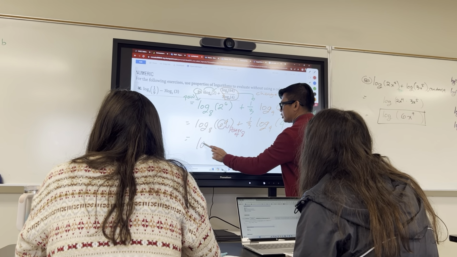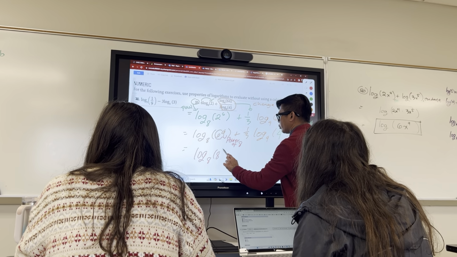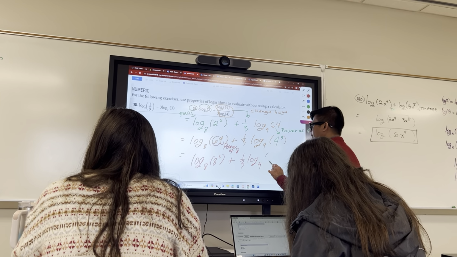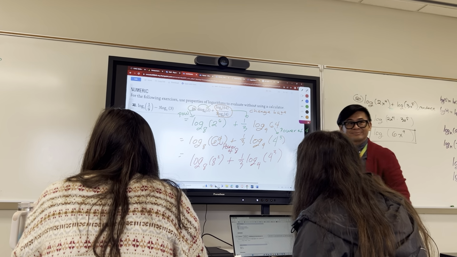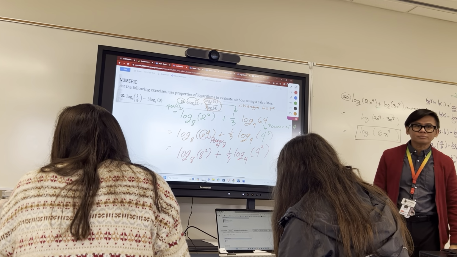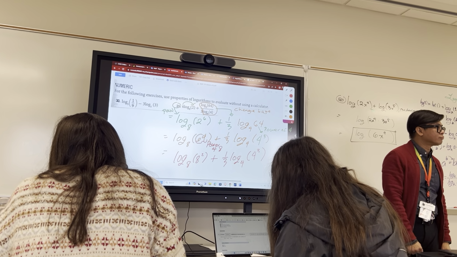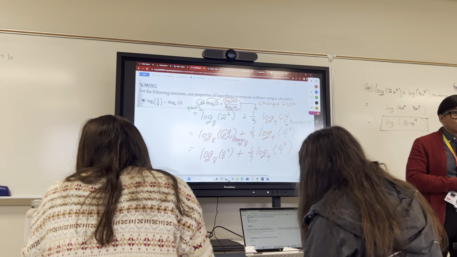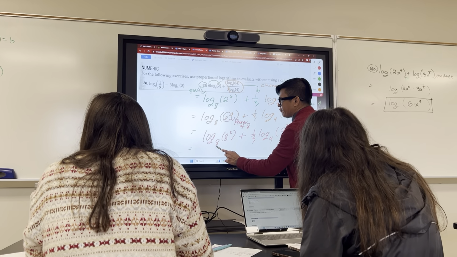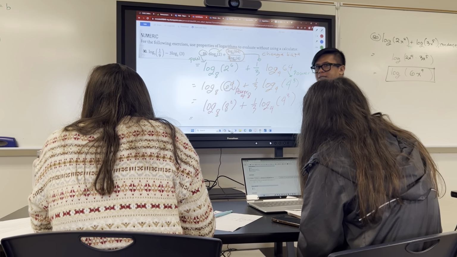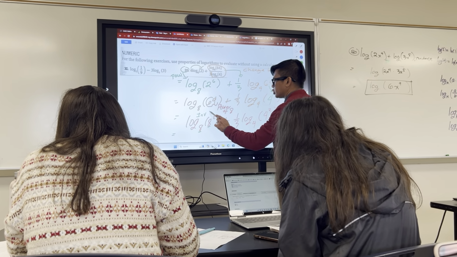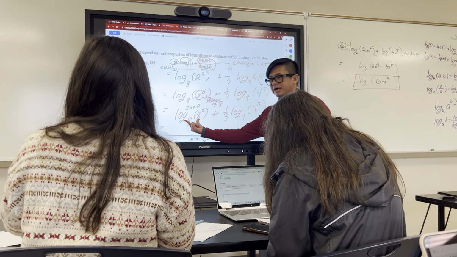So we can write it as follows. Log base 8 of 8 squared, right? Plus 1/3 log base 4 of 4 cubed. Now, what do we do then? We're going to use our inverse rule, right? If you recall our log inverse rule, if the base and the number are the same, by the inverse rule, or log inverse rule part 2, what's going to be the answer for such?